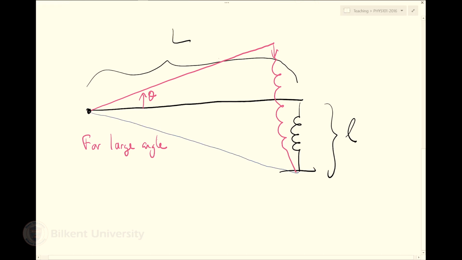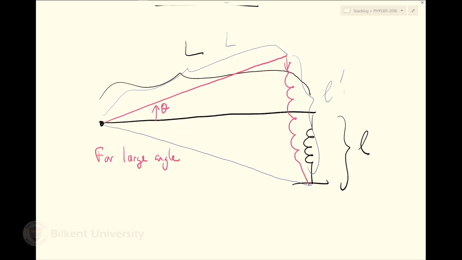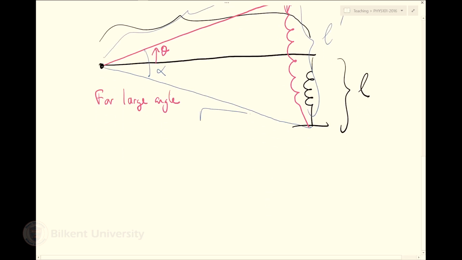Here is another triangle. So this length is L, right? This length is capital L. I must make sure that the new L prime and L are related. And how are they related? I need to find the full angle alpha here. And the length here is square root of L square plus L square.